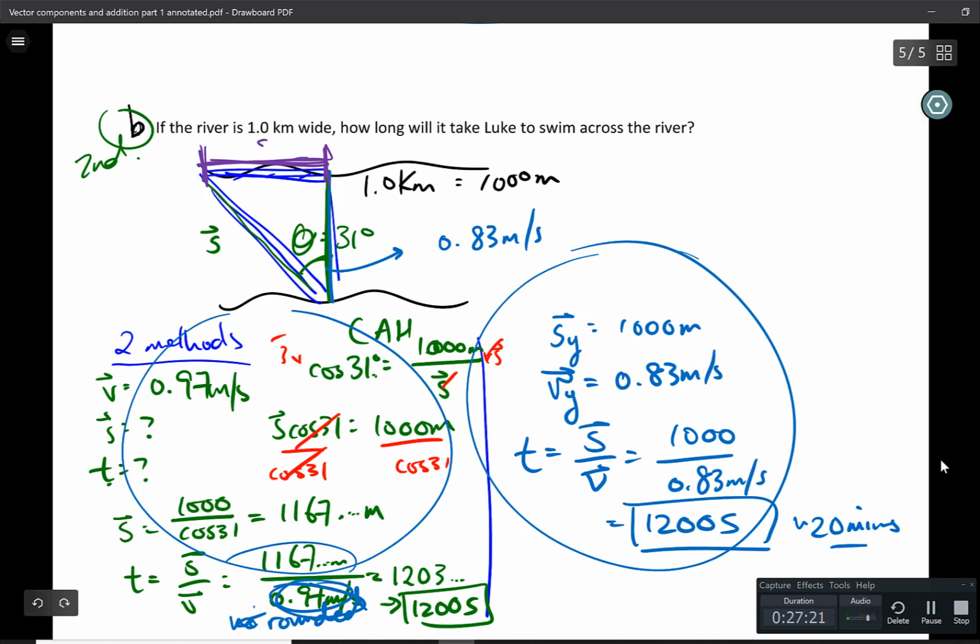How far downstream would he be as a result? You know what? I'm actually going to post the answer and a very brief description of how you can solve that in the comments down below. And of course, you can always ask me in class, or you can send me a message if you want to know exactly how to do it.